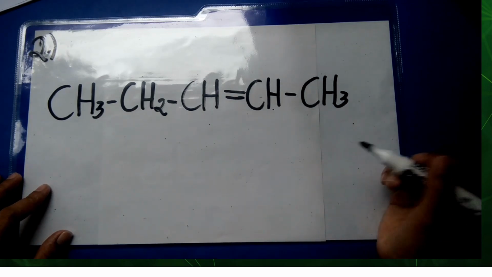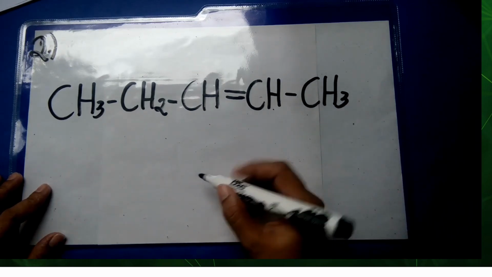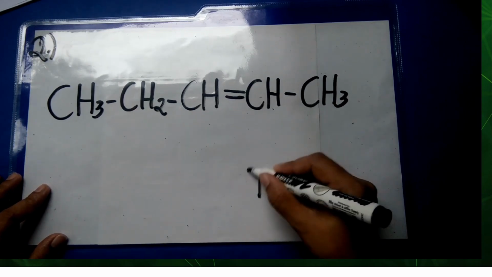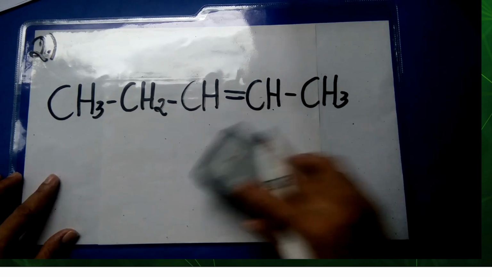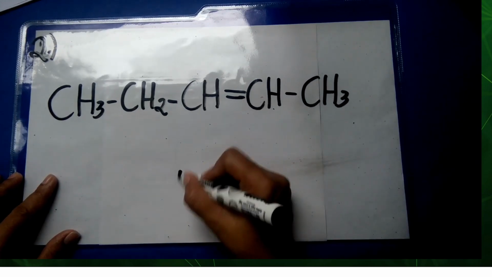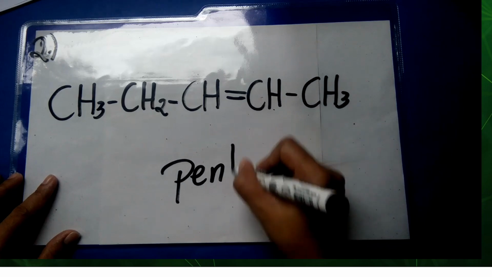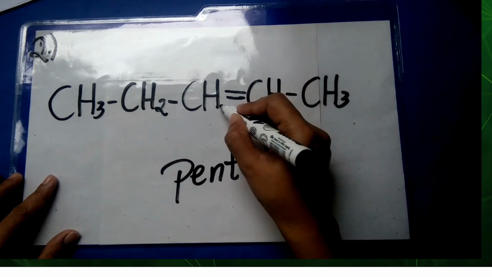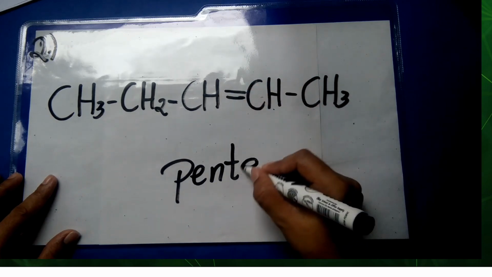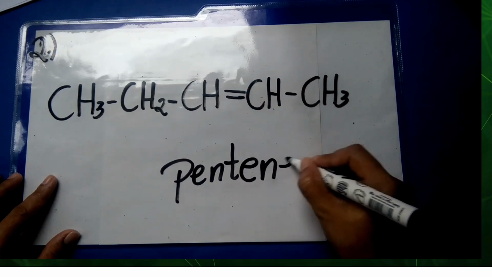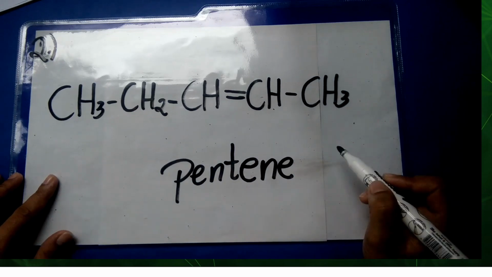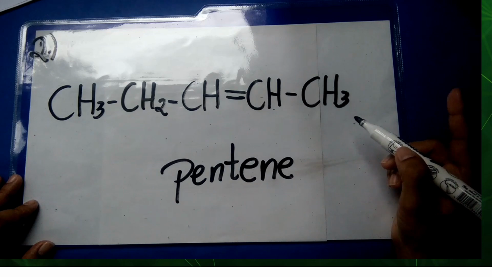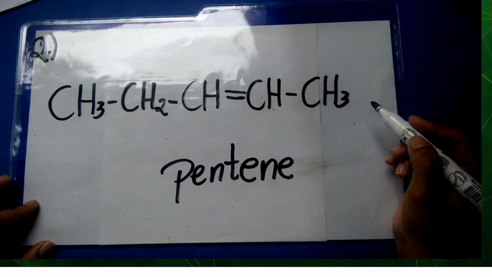So therefore, since the name of the parent chain is pent, and since we're talking about alkene, because there is the double bond here, let us attach the ene of the alkene, and then number the parent chain starting at the end closer to the double bond.